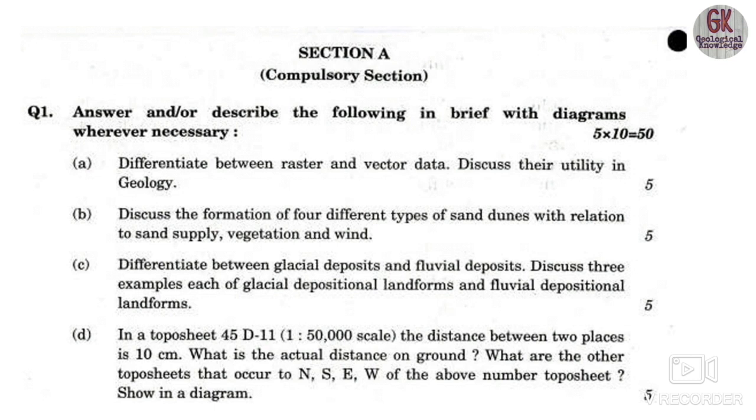The distance between two places is 10 centimeter, and what is the actual distance on ground? And what are the other topo sheets that occur to the north, south, east and west of the above number topo sheet? You have to show that in a diagram.